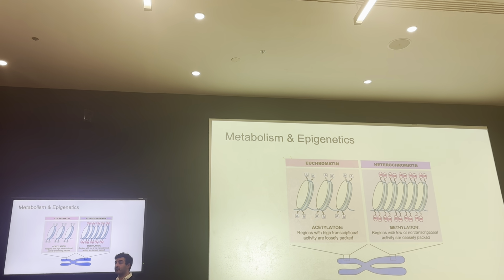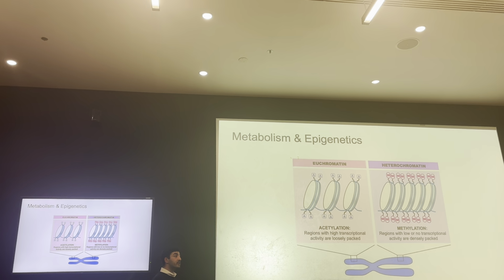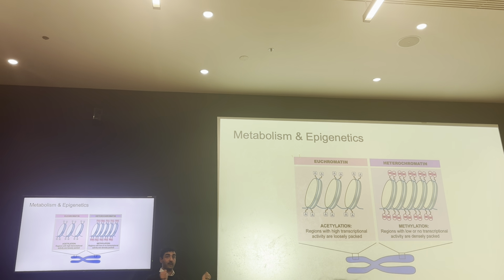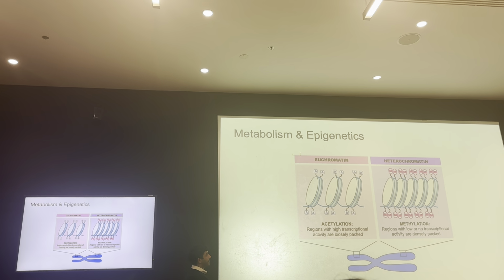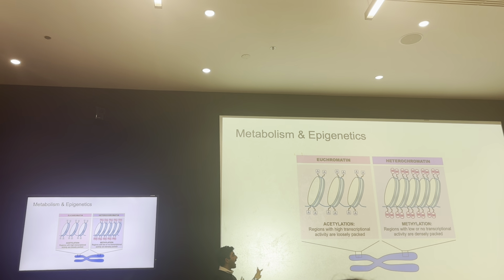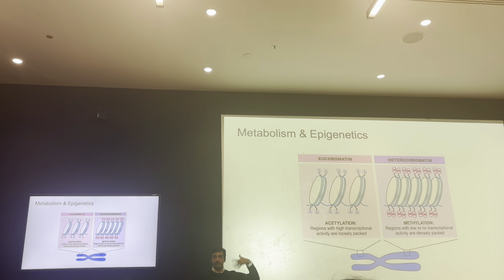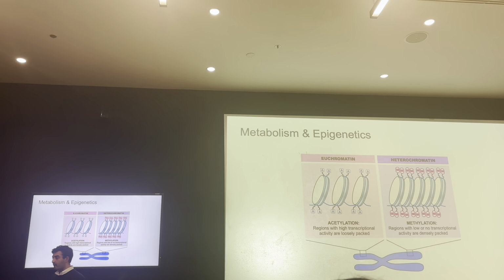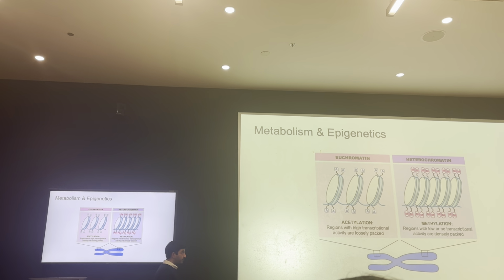So we take advantage of the positively charged lysine and the negatively charged DNA, and those two things, by virtue of being oppositely charged, can interact strongly with one another. When they do interact strongly with each other, we have our tightly bound DNA across our histone proteins, and this is known as heterochromatin.